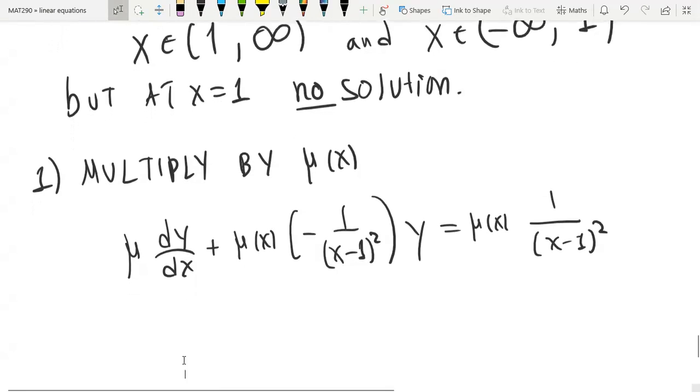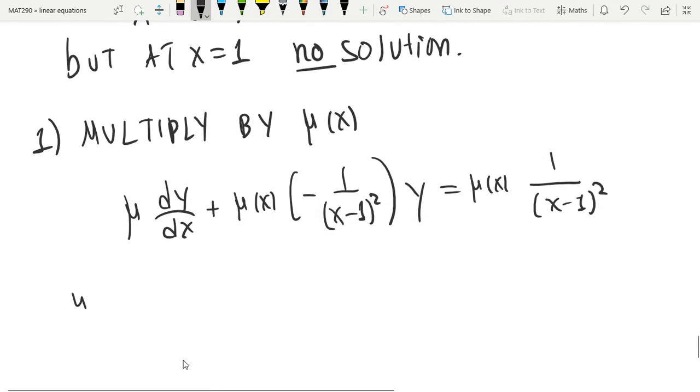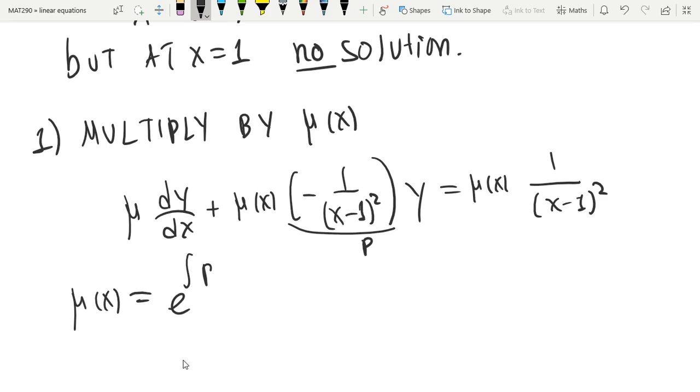So, okay, as usual, mu would be the exponential of the integral of p of x dx.